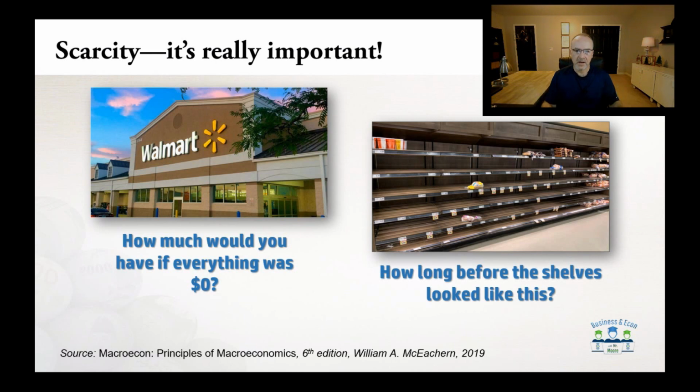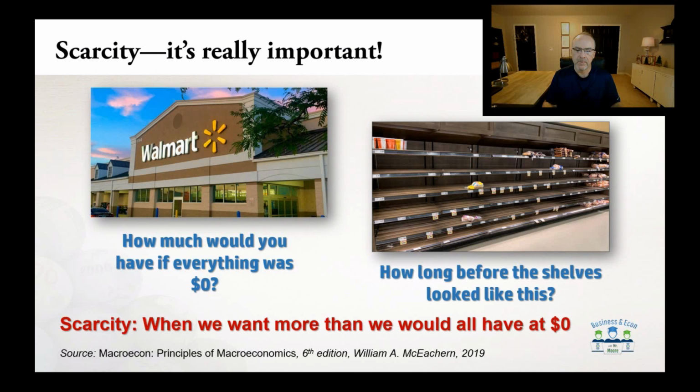We don't have enough to cover everything we would want if the price was zero. And that would be the more formal definition. Scarcity is when we want more than we would all have at $0. That means the resource is scarce.